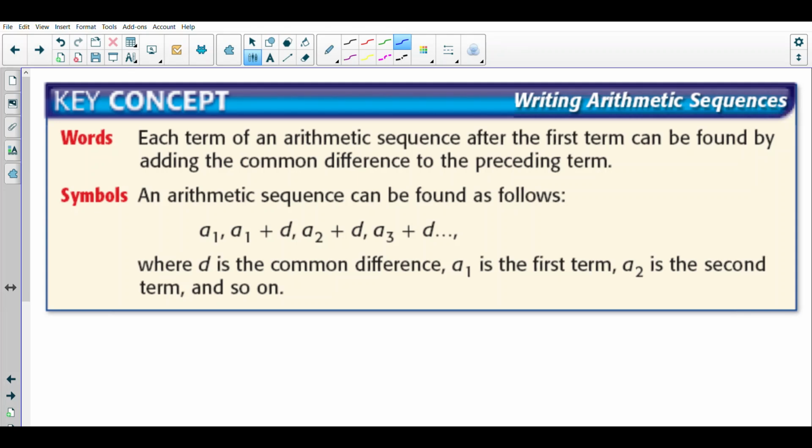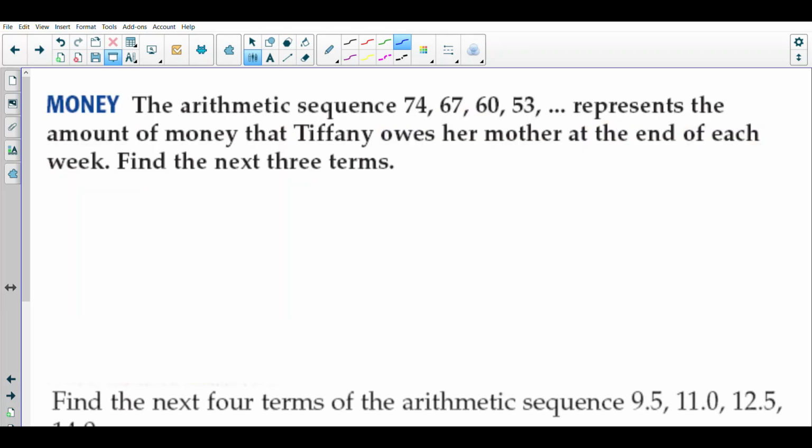All right? So the arithmetic sequence 74, 67, 60, 53 represents the amount of money that Tiffany owes her mother at the end of each week. Find the next three terms. As we can see, our common difference is minus 7. So for the next three, we just have to keep adding negative 7.